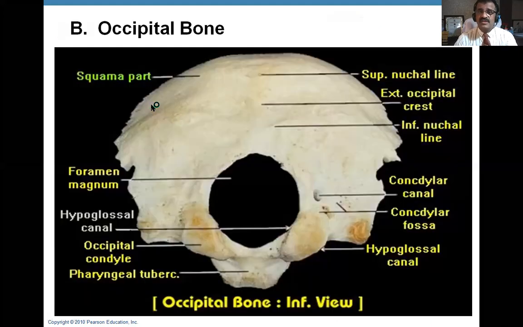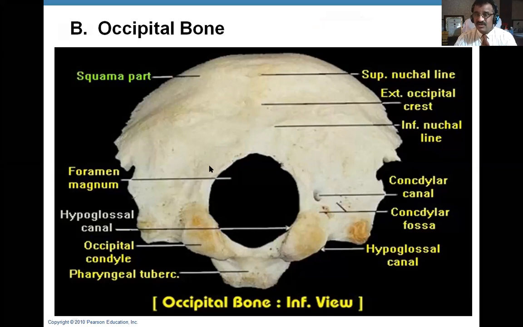Now we'll go to the occipital bone. This is the occipital bone separated from the skull. You can see a big hole, the biggest foramen in any bone. And this one is the foramen magnum. Magnum means big. You can see the squamous part and different parts of the occipital bone: superior nuchal line, inferior nuchal line, external occipital protuberance.